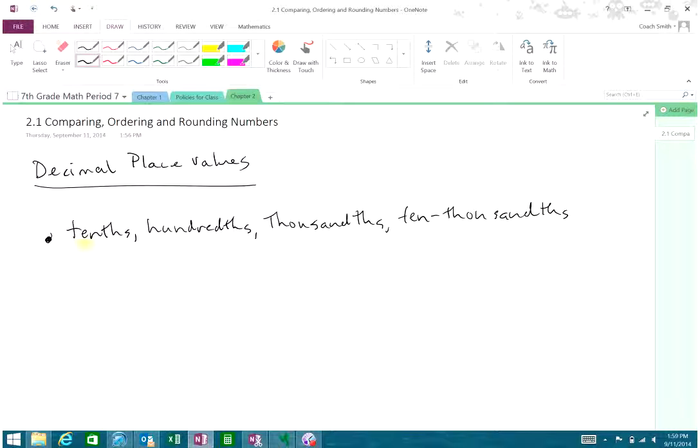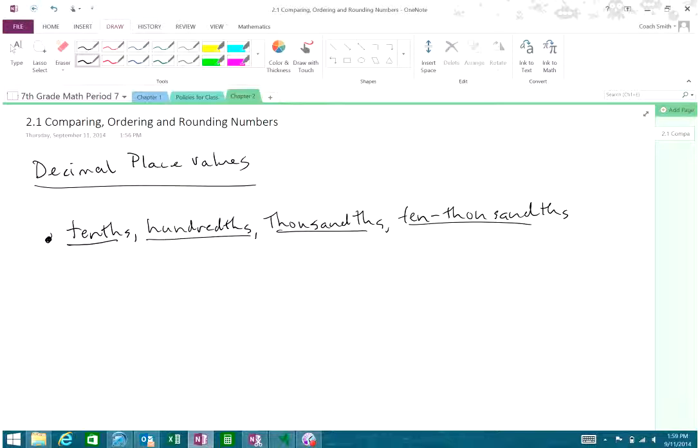That's the first few place values to the right of the decimal. Obviously, to the left of the decimal, it's the ones you should already know: the ones, the tens, the hundreds, thousands, 10,000s, 100,000s, millions, 10 millions, 100 millions, and so on and so forth.